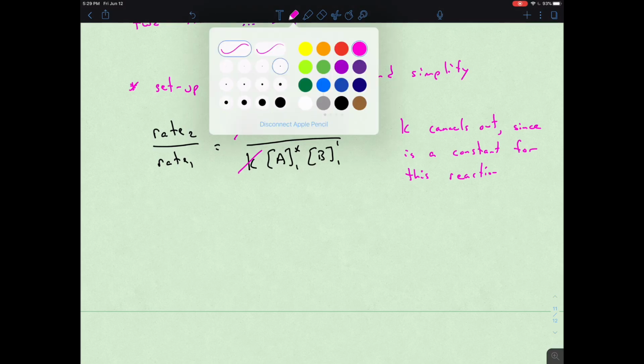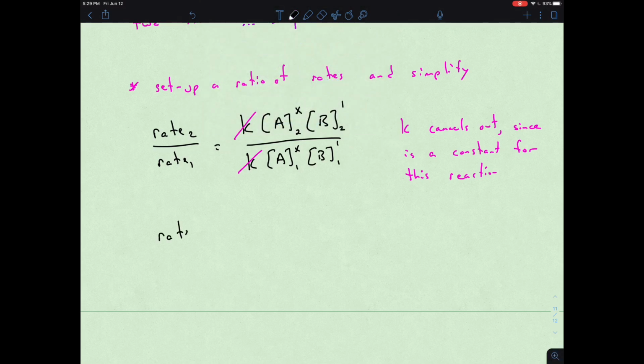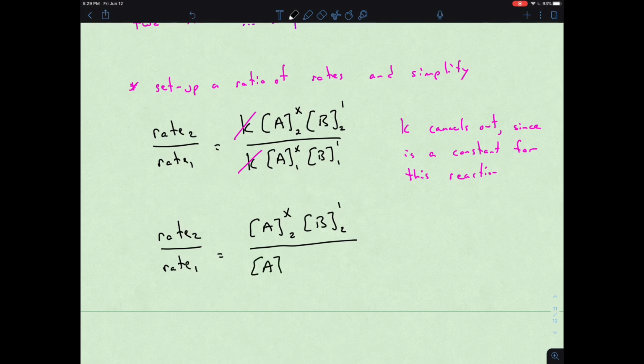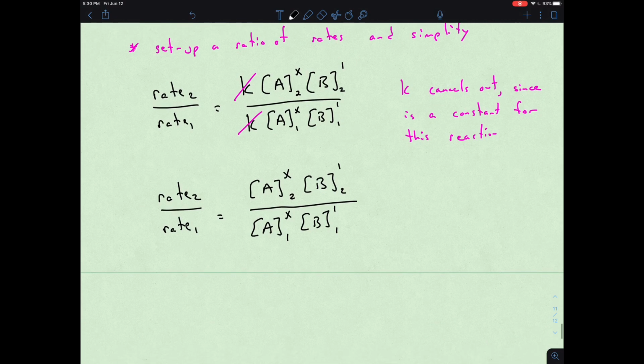And so we end up with the rate of 2 over the rate of 1 is equal to the concentration of A to the X power times the concentration of B to the first power for the second trial, over the same process, A to the X, B to the first for the first trial that we have.